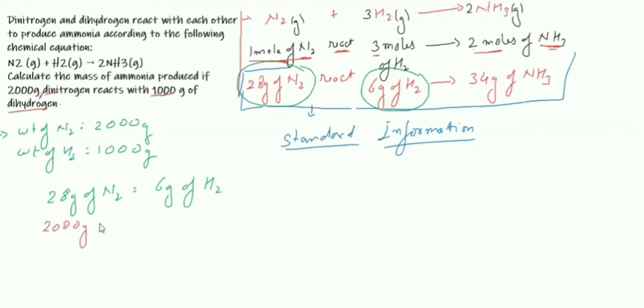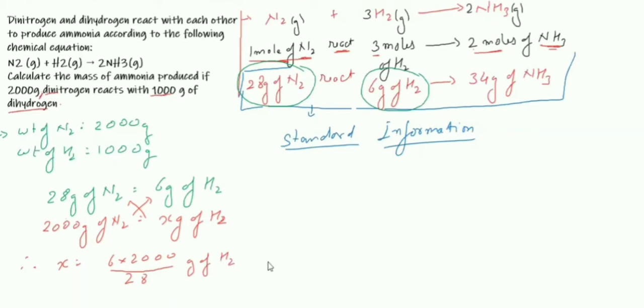2000 grams of nitrogen will require X grams of hydrogen. Then we can find X by cross multiplying. Therefore, X is equal to 6 into 2000 divided by 28 grams of hydrogen.